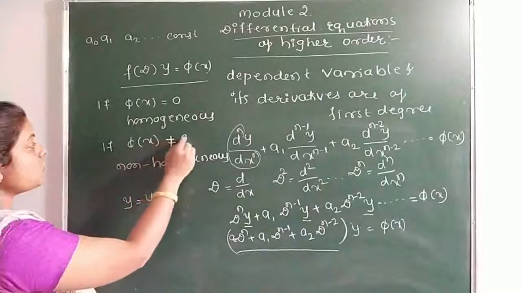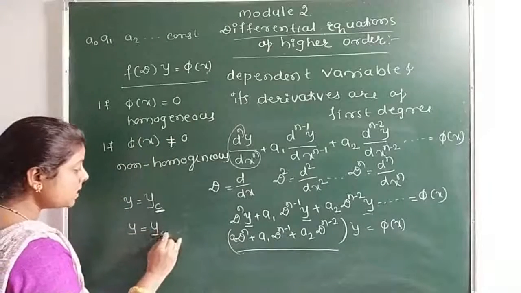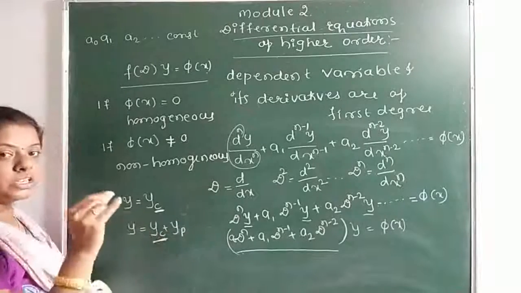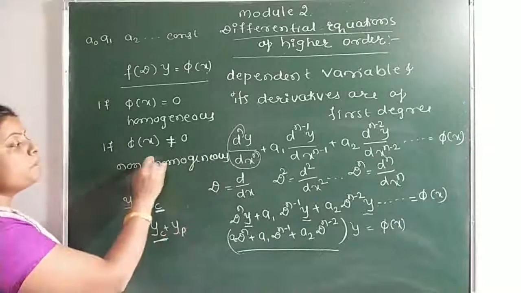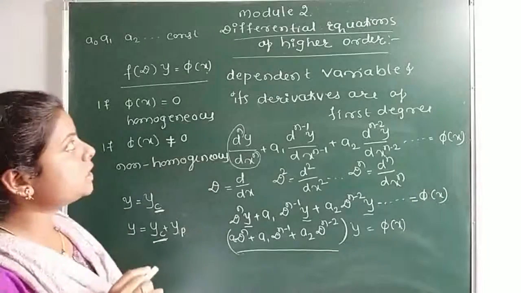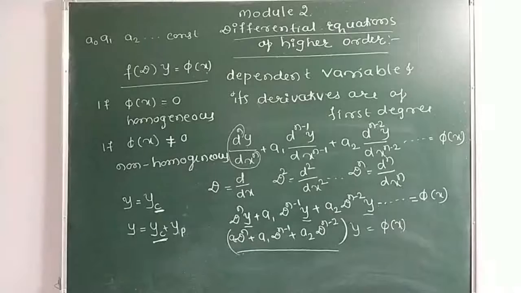If the RHS is not equal to 0, then y becomes yc plus yp, meaning the complementary function with the particular integral for non-homogeneous equations. This is the basic part of differential equations. Now we take the standard form.